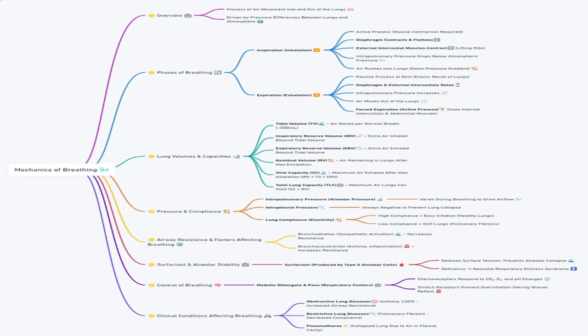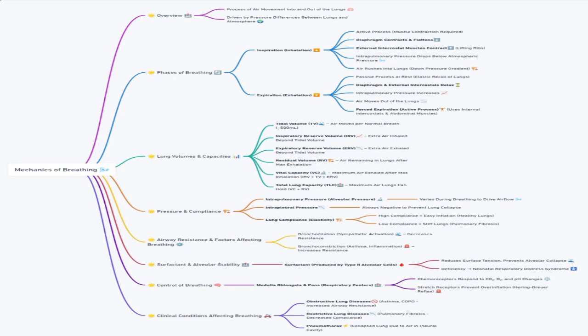Right, so with the breathing patterns, there are several. It could be eupnea, tachypnea, bradypnea, apnea, hyperpnea, Cheyne-Stokes, Biot's, Kussmaul breathing, apneustic breathing, and so many.